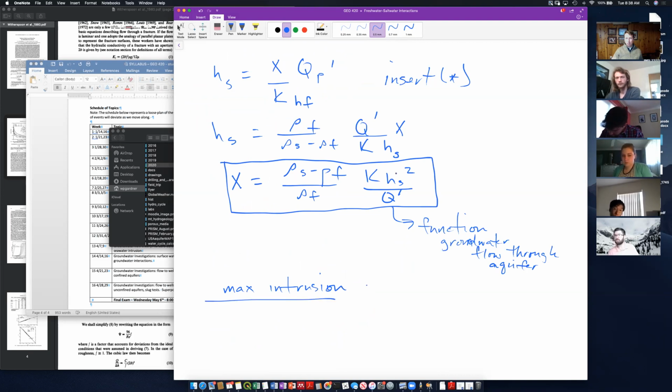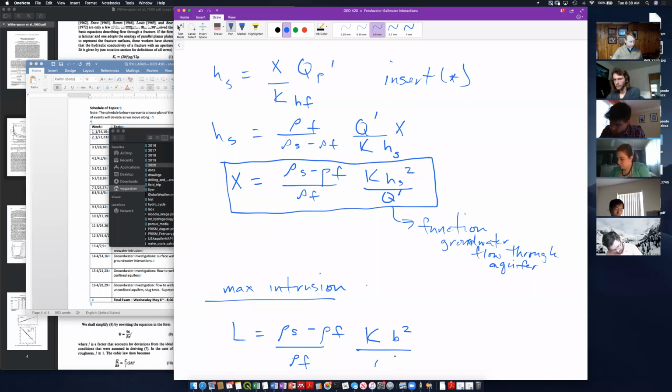And so we put B in here for H sub S, and we're going to get L is equal to rho S minus rho F over rho F times K B squared over Q prime.